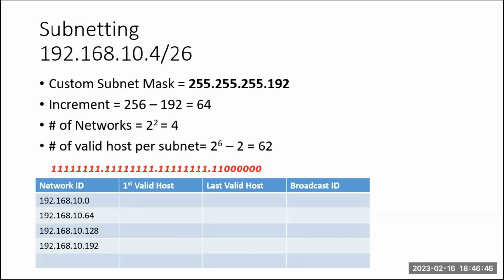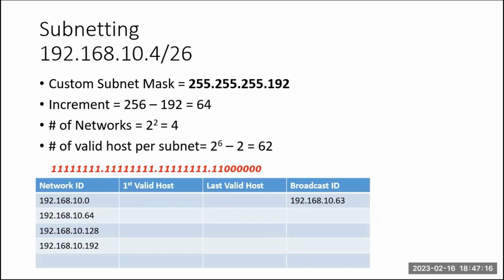All right, what's the broadcast address? In this case, the broadcast ID for the first one is 192.168.10.63. It's the number just before the next network ID, which is 64. So it's slightly different now when you're doing the subnetting.